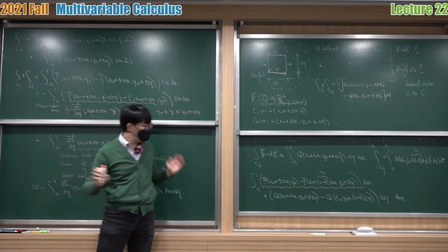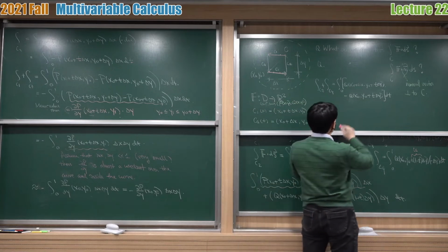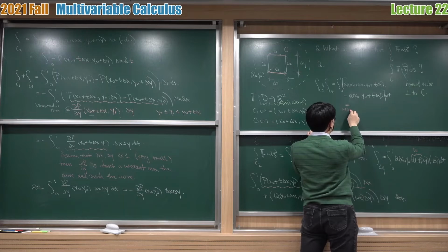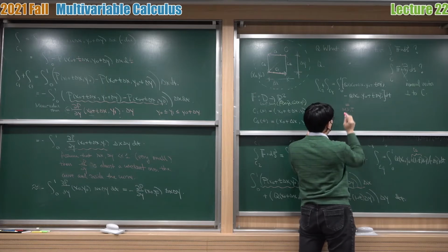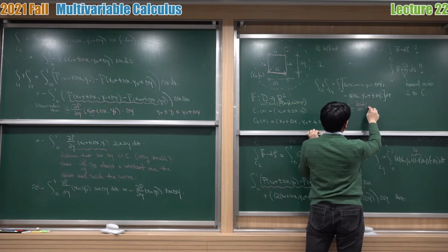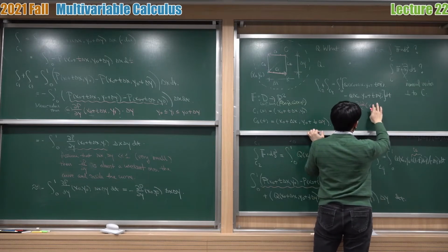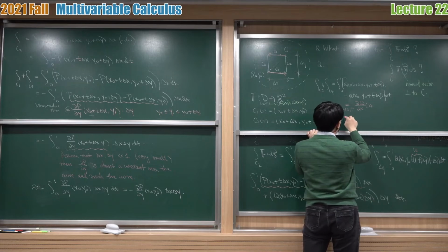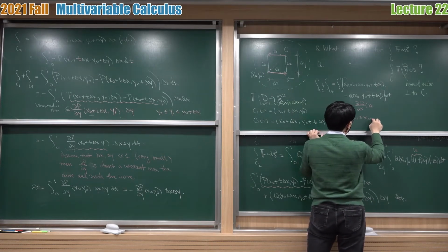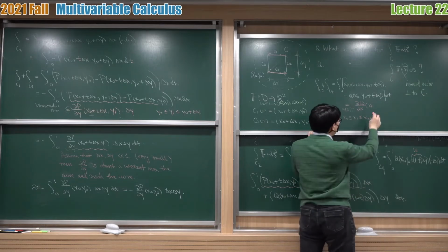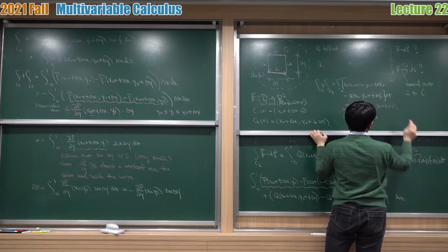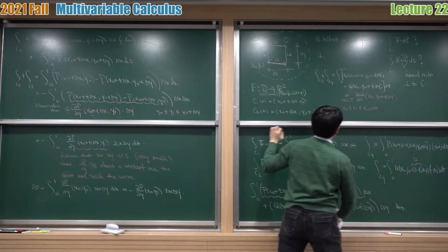The same mean value theorem tells you that this is equal, not approximately equal, to delta q delta x at x1, where x1 is some point in between x0 and x0 plus delta x, comma y0 plus t delta y.